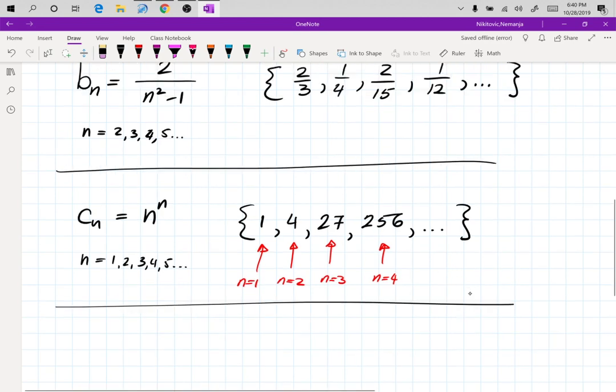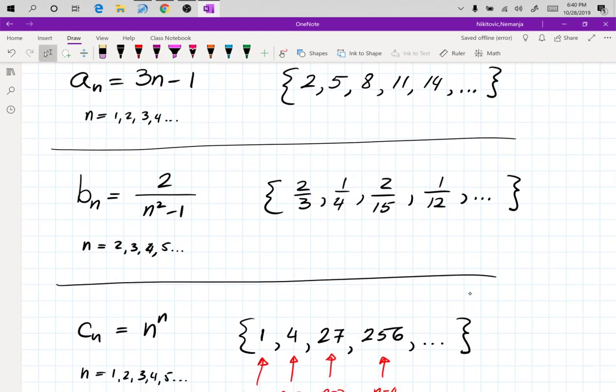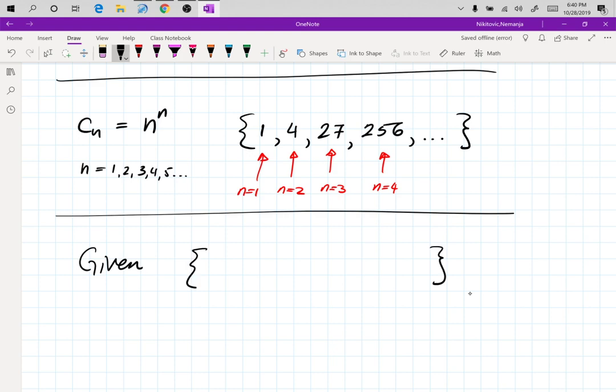All right, so I don't know if you would agree, but it's pretty easy when you have the formula to come up with a sequence. Good one. Now, we get the sequence, and you are supposed to come up with the formula. Those are the fun times. So let's see. Given some sequence, find a_n.